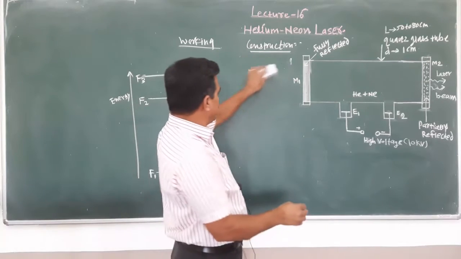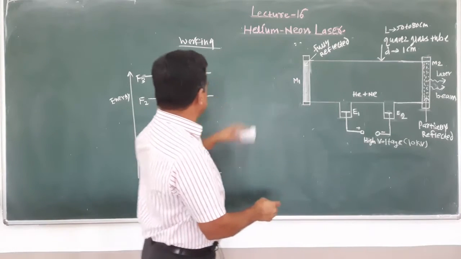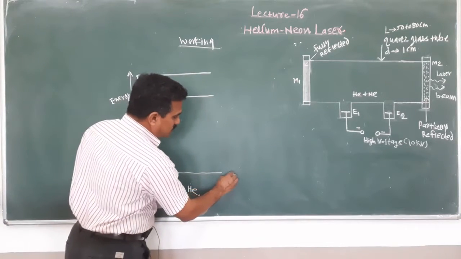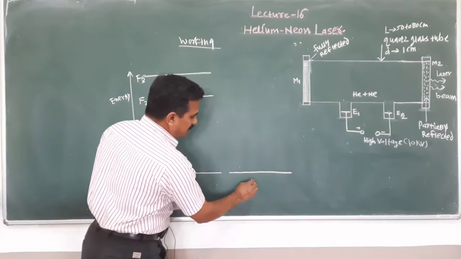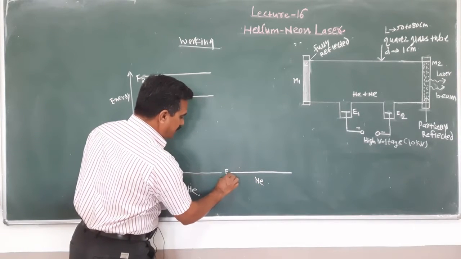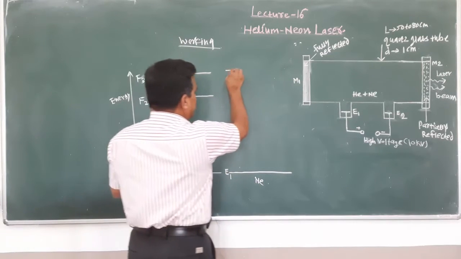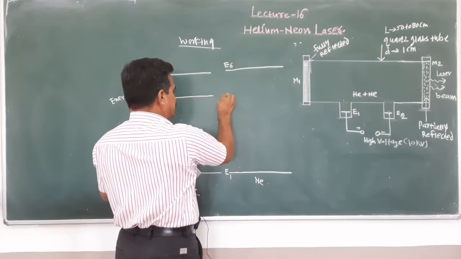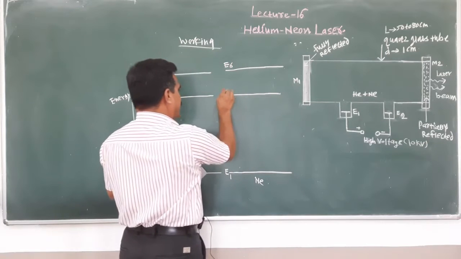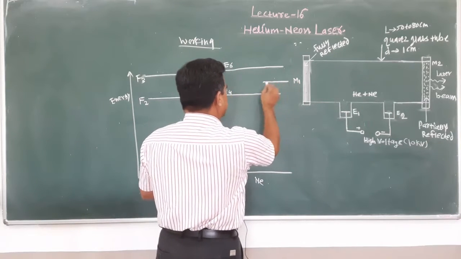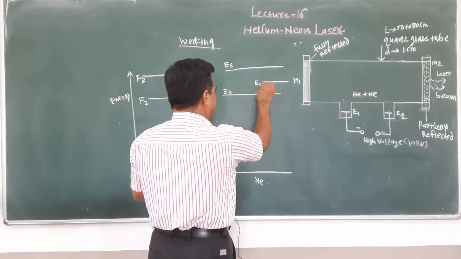These are actually the energy levels of the helium. What about the energy levels of neon? This energy level is denoted by E1. Here is an energy level E6. Here is an energy level E4. Here is an energy level E5.